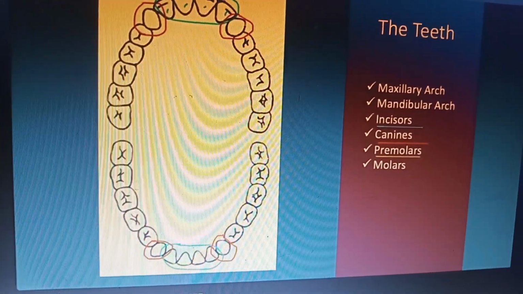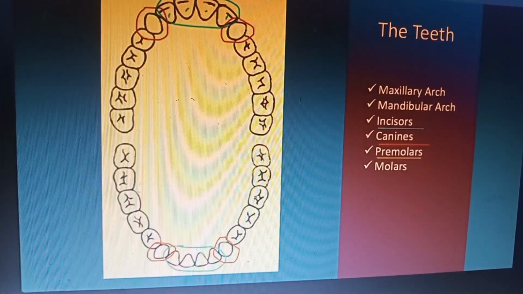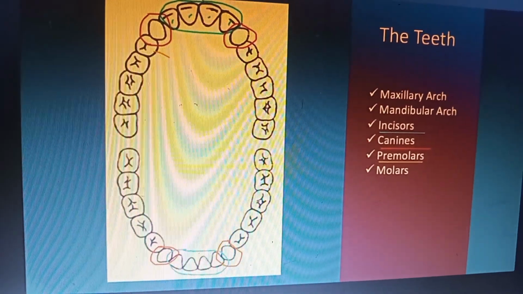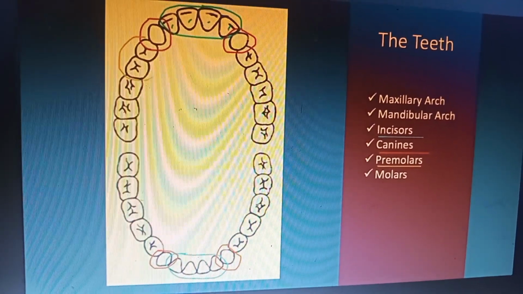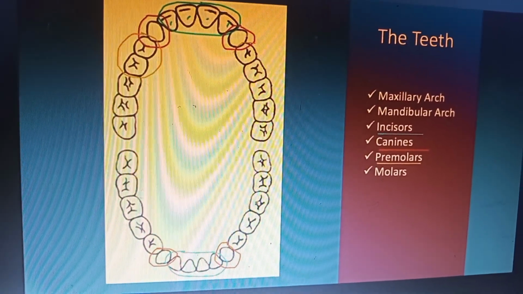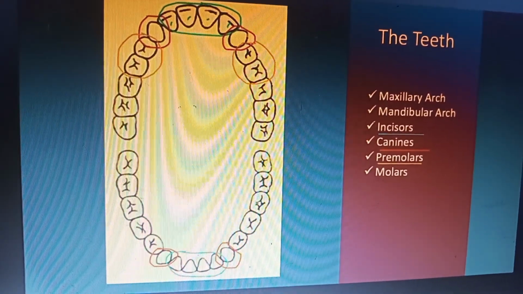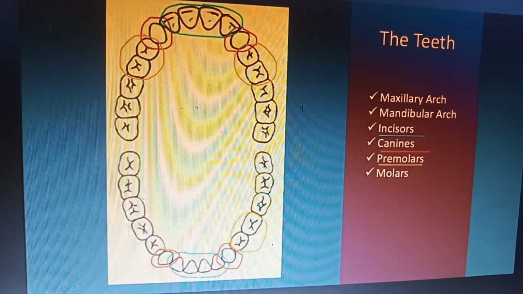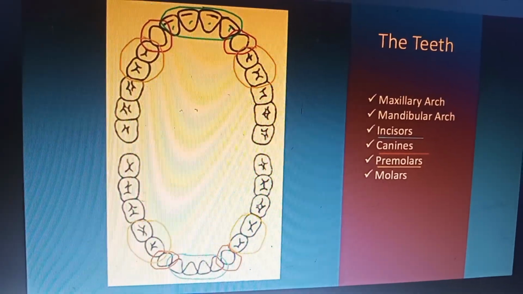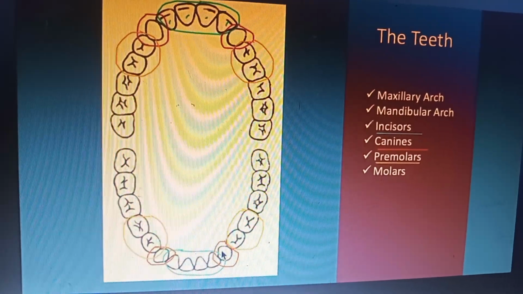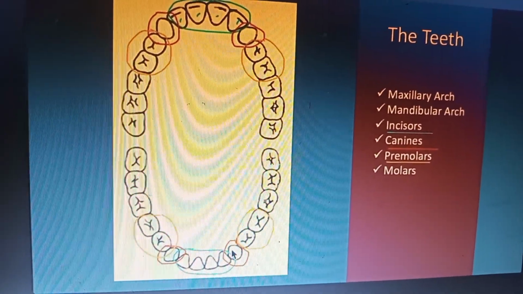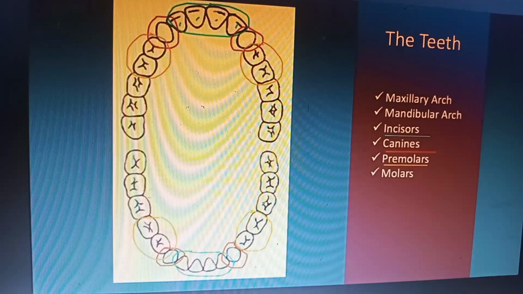The premolars are next, and we have both a first and a second premolar in each quadrant of the mouth. So we have two premolars here, two premolars here, and then we have two and two down here. And again, we have a first and a second premolar in every quadrant of the mouth. They're used for tearing, holding, and grinding food.